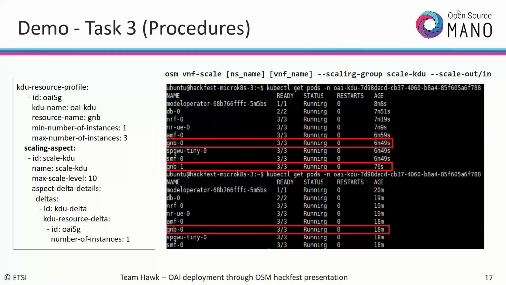Then in the screenshots, we can see that we have deployed 2 gNodeB after executing the command that we are showing you here. And then when we execute a scaling operation, we can see how the gNodeB that we added was removed. So if you want, next one.